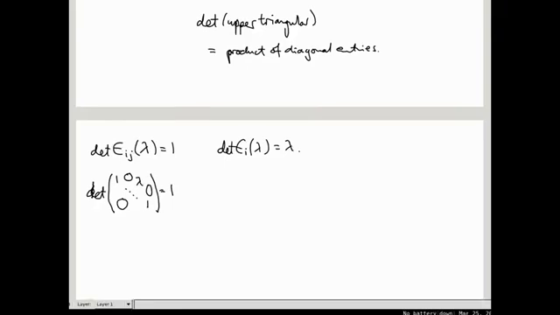So that works for all elementary matrices Eij lambda, and Ei lambda, remember, was 1s on the diagonal everywhere except one position ii, which was then lambda. And that's a diagonal matrix. Everything else is 0, so the determinant is just 1 times 1 times 1 times lambda times 1 times 1 times 1.